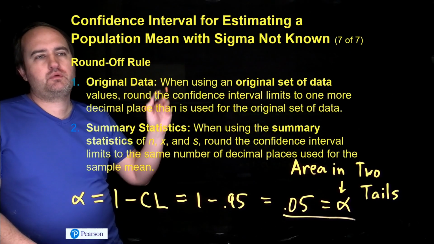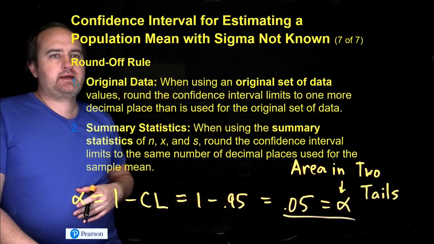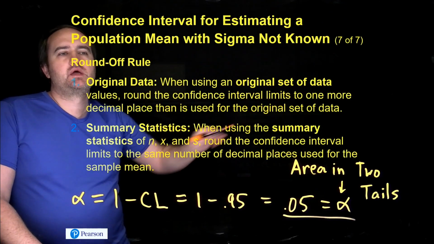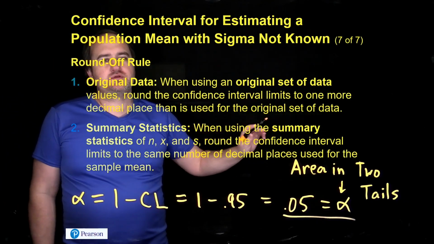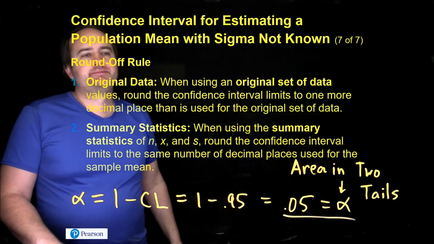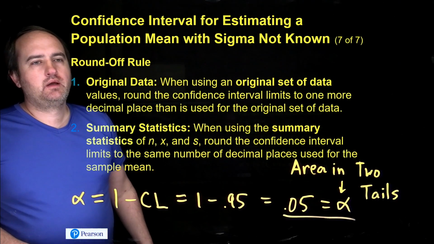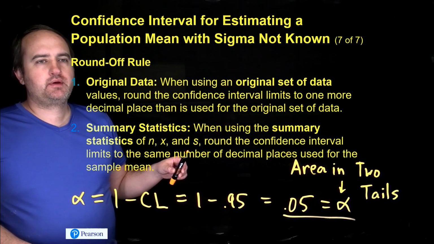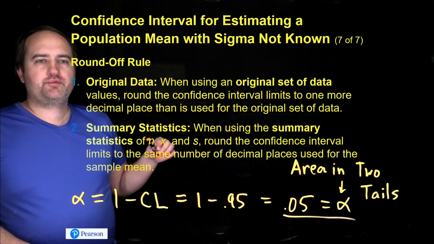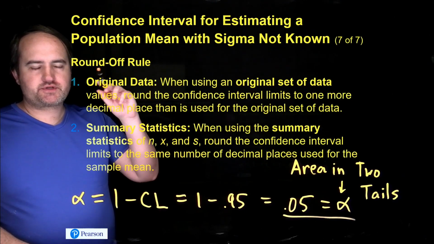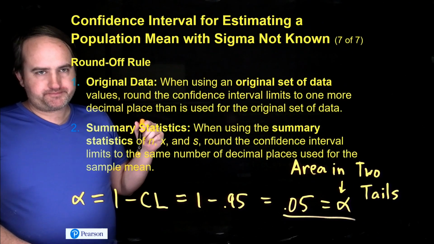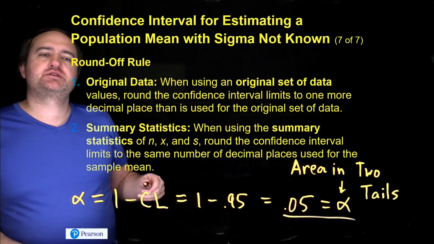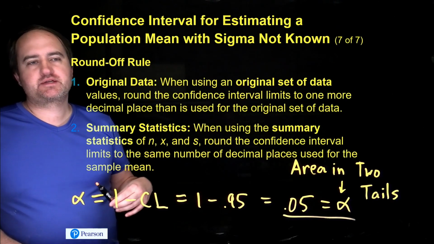The round-off rule says that when you're using an original set of data values, round the confidence interval limits to one more decimal place than is used for the original set of data. If they give us summary statistics, then we can round to the same number of decimal places.